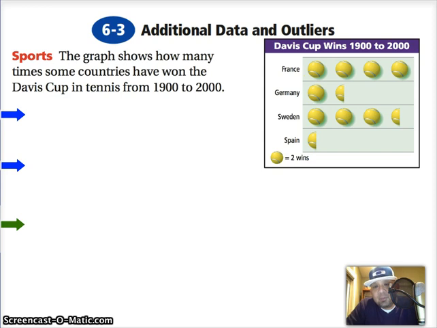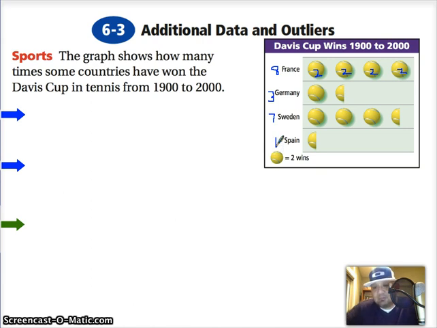So with France we see 4 tennis balls, 2 wins each, for a total of 8 wins. Germany has 2 and then 1, which is 3. Sweden has 2, 4, 6, 7. And then we have Spain with just 1.